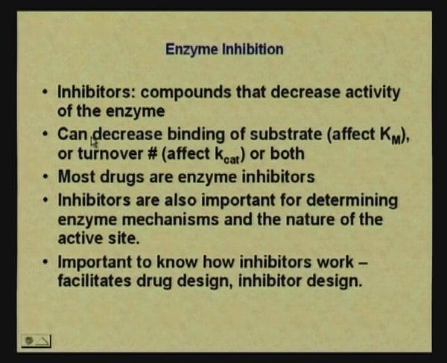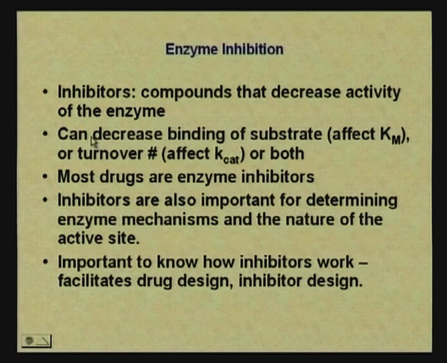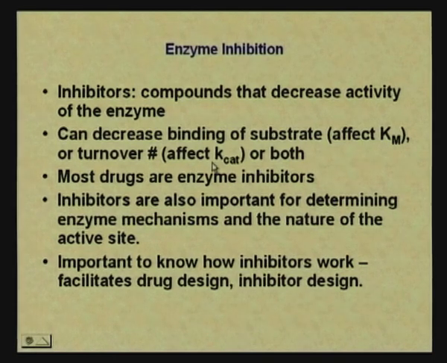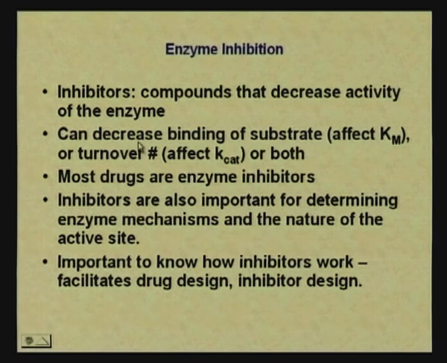They have to affect the efficiency of the enzyme. They decrease the efficiency of the enzyme by doing what? They can affect the Km value or the Kcat value or both of the values. Okay? So, we have to decrease the binding of the substrate.